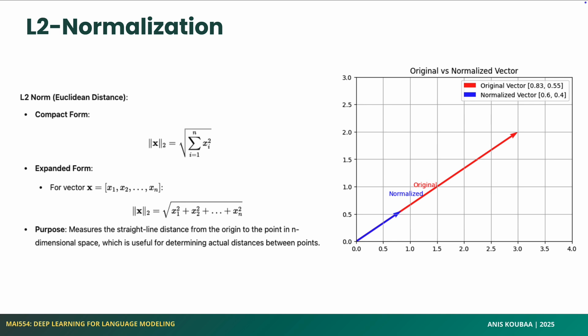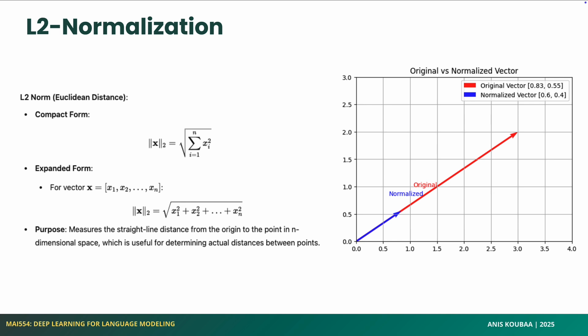What's it called, the Pythagorean theorem. This is also called the Euclidean distance in multi-dimensional space. When we divide the vector by this norm, we call it L2 normalization, and it's based on the Euclidean distance.